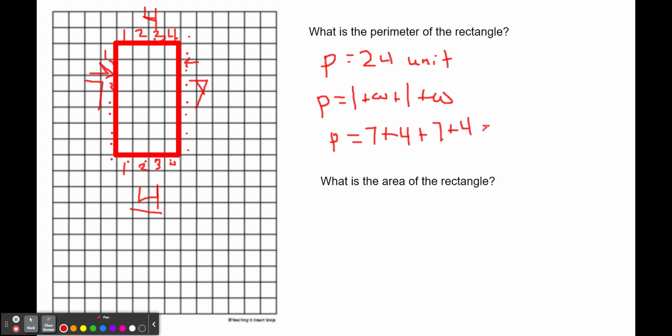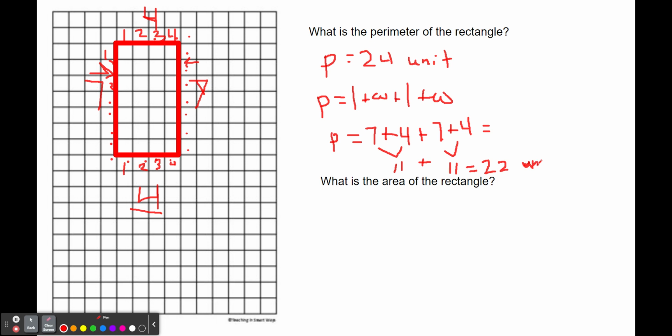So if I add all of those together, I have 7 plus 4, which is 11. I'm going to add that to 7 plus 4, which is 11, which is going to be 22. And it looks like I probably counted a little bit wrong on my first one. So this is actually 22 units.